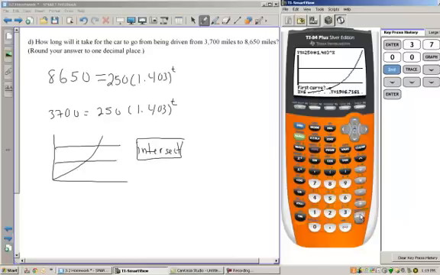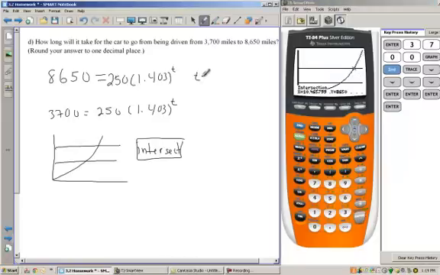It says first curve, and it jumps into the 8,650 curve, hit enter again for a guess, and I'll pop right over here. And so the first time is 10 point, and I'll write this all the way out, 4,65799, months.